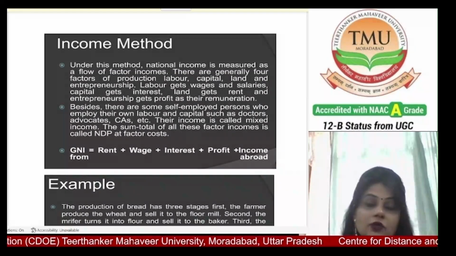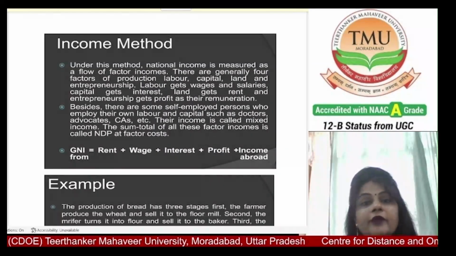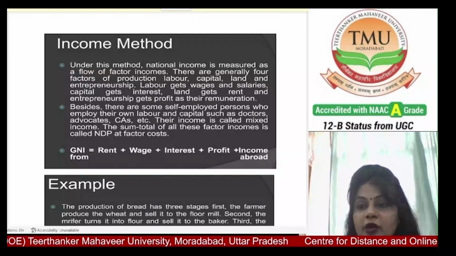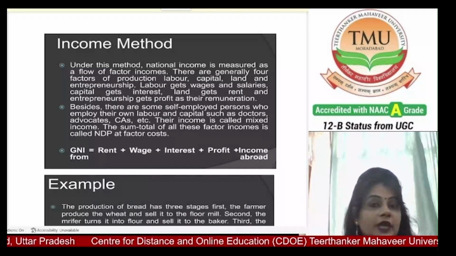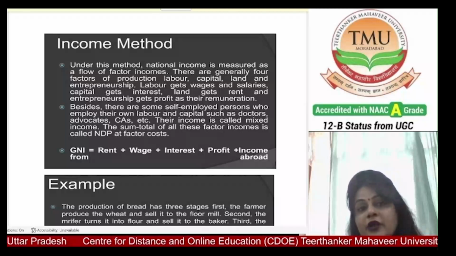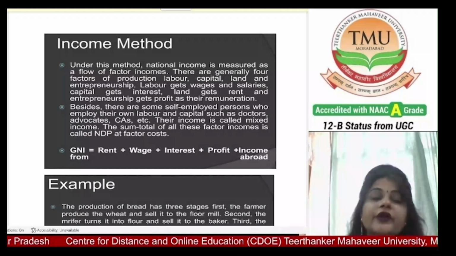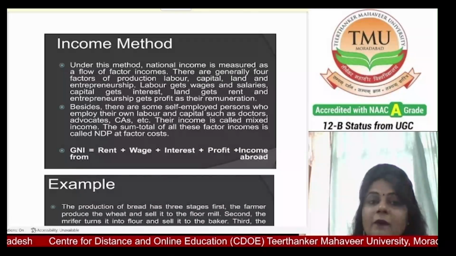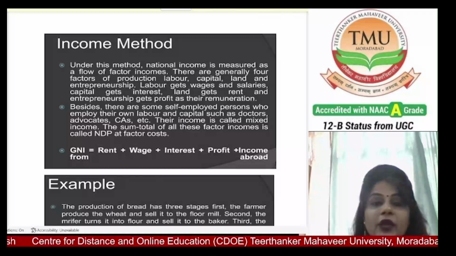Now we discuss the income method. Mixed income is income generated by unincorporated enterprises such as small shopkeepers and retail traders, and own account workers like farmers, doctors, and advocates.